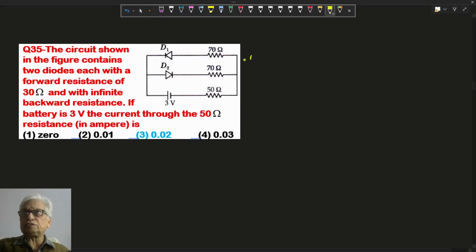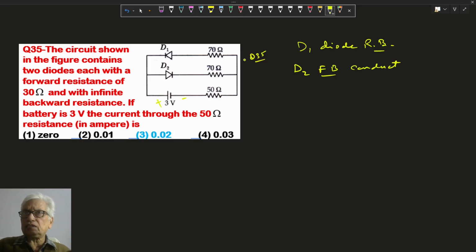Hello, in this question, this is positive, negative. So the D1 diode is reverse biased, it will not conduct. But the D2 diode is forward biased, it conducts. It is not ideal, so the resistance of the D2 diode is given in the question as 30 ohms.